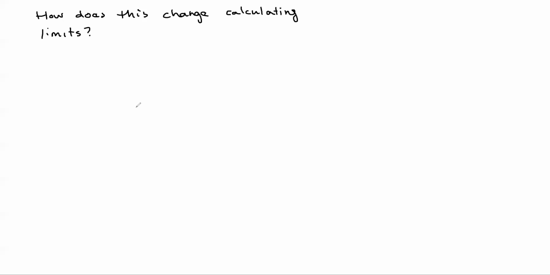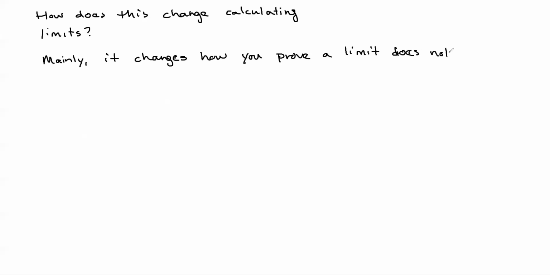The main way that it changes calculating limits is it changes how you try and prove a limit does not exist. And if we just refresh our memories, in Calc 1, how did we show that a limit does not exist?